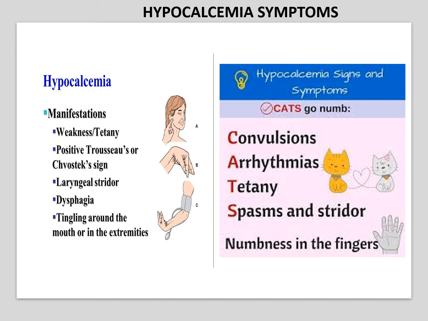Okay, so what are the symptoms of hypocalcemia? Well, on the left, those are basically all neurological symptoms and signs. So weakness and tetany. So tetany is really severe muscular spasms.